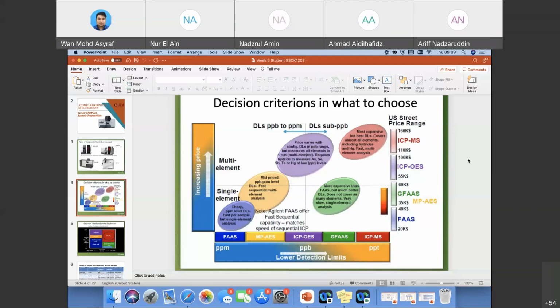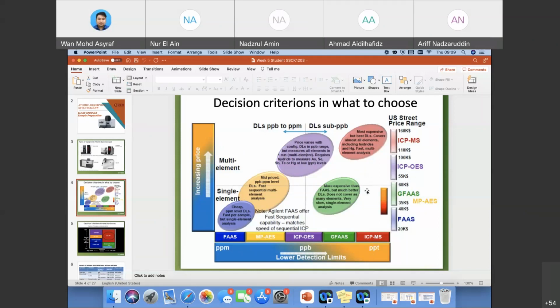Regarding detection limit, if you are moving towards the left side, the detection limit is more towards ppm, parts per million, which means it is not a low detection limit. If you want a lower detection limit, you need to go much higher end, which is ICP-MS.